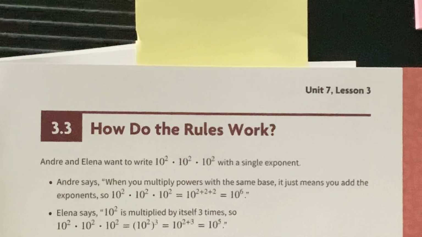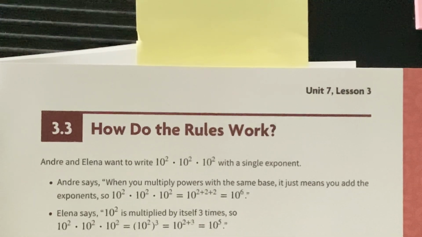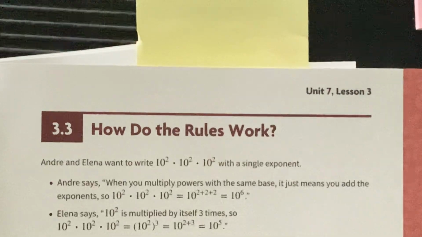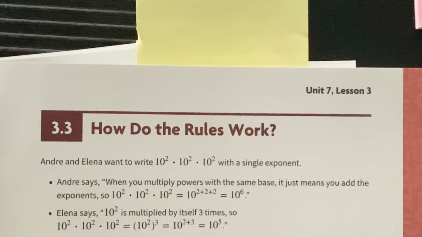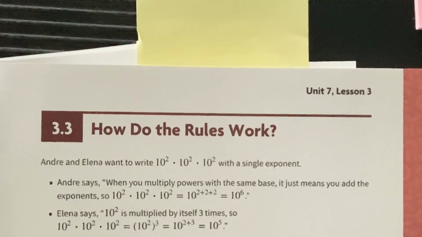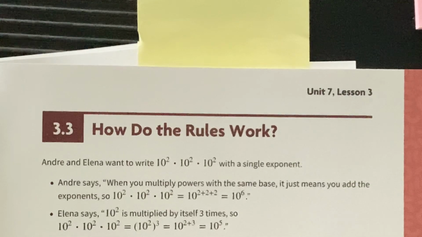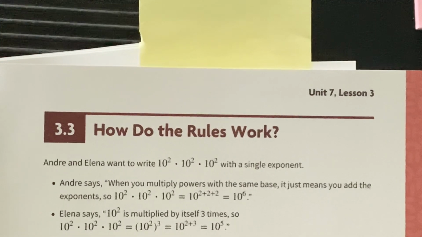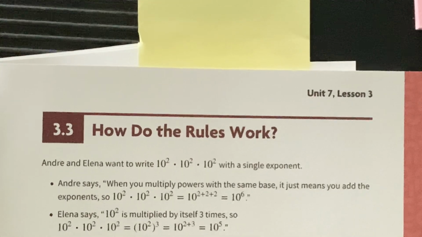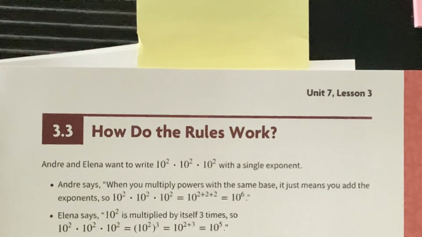So 10 to the power of 2 times 10 to the power of 2 times 10 to the power of 2 equals 10 to the power of 2 plus 2 plus 2, which equals 10 to the power of 6. All right, I've got the next one. Elena says 10 squared is multiplied by itself 3 times. So 10 squared times 10 squared times 10 to the power of 2 equals 10 to the power of 2 to the power of 3 equals 10 to the power of 2 plus 3 equals 10 to the 5th.